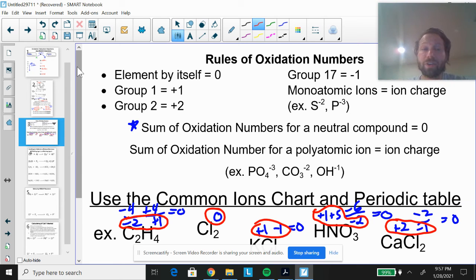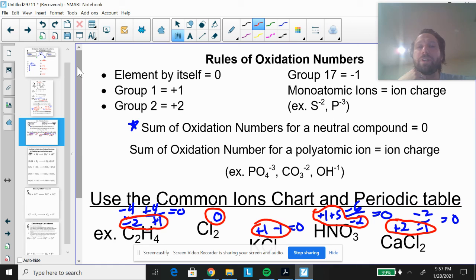Or you look at the common ions chart for the polyatomic ions. All right, so we didn't have any polyatomic examples here, but if we did, you would look for that and you'd write down that charge for that polyatomic ion. And the last step is if you have a neutral compound, which all of the ones that you're going to have will be neutral when they're given to you, you can assume that the charges are going to add up to 0.